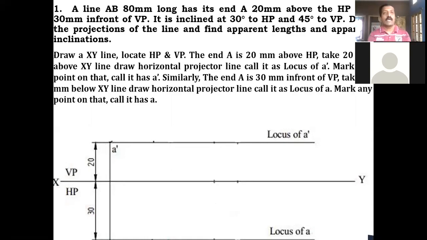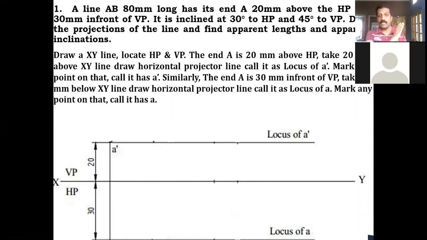He says: a line AB 80 millimeter long has its end A 20 millimeter above HP and 30 millimeter in front of VP. It is inclined at 30 degree to HP and 45 degree to VP. Draw the projections of the line and find the apparent lengths and apparent inclinations. As I told, in straight lines we discuss only first quadrant examples.